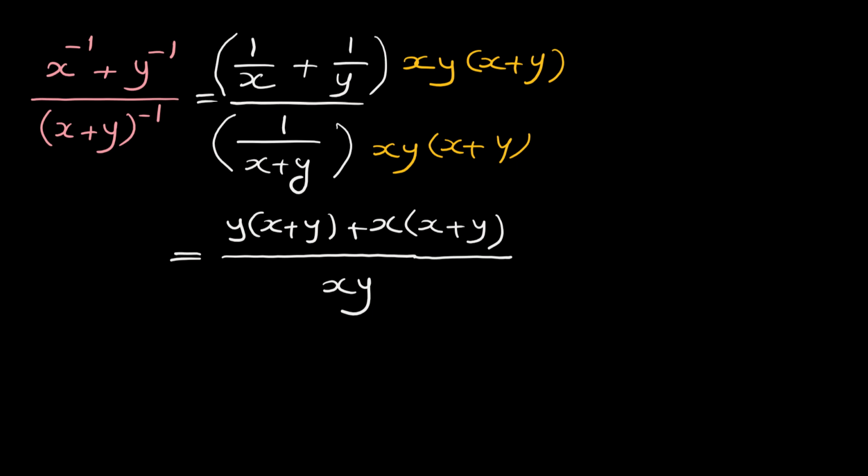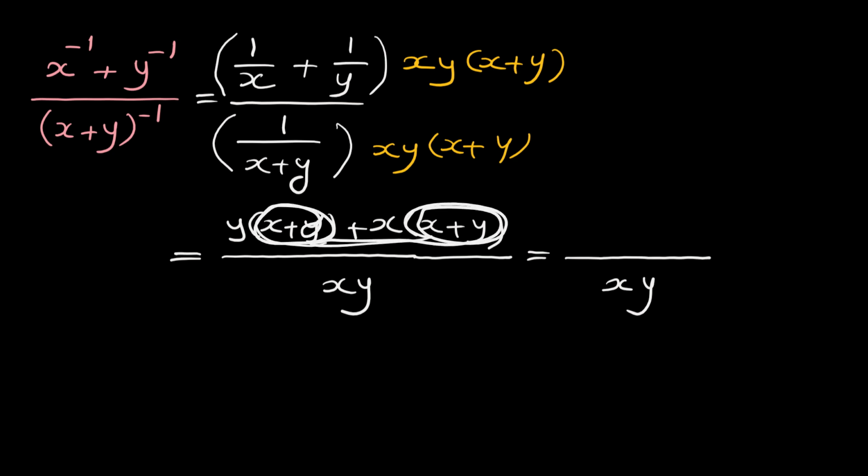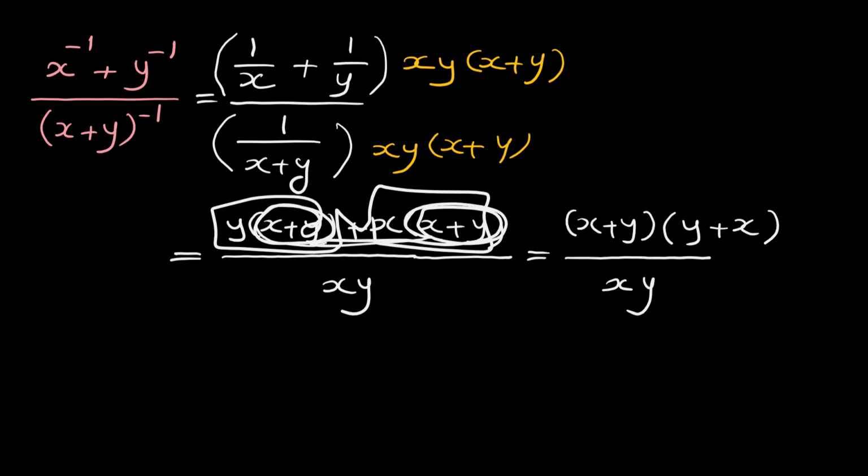Now this equals xy in the denominator. If you want, this is optional, you can factor this common factor from these terms. Then we have (x + y) times (y + x). From the first term we have y, from the other term we have x.